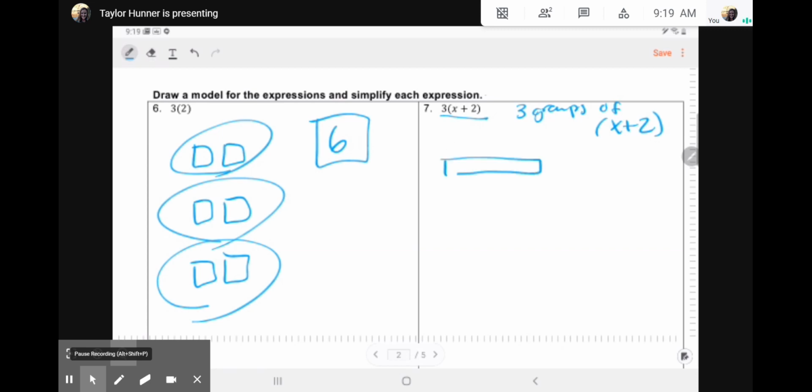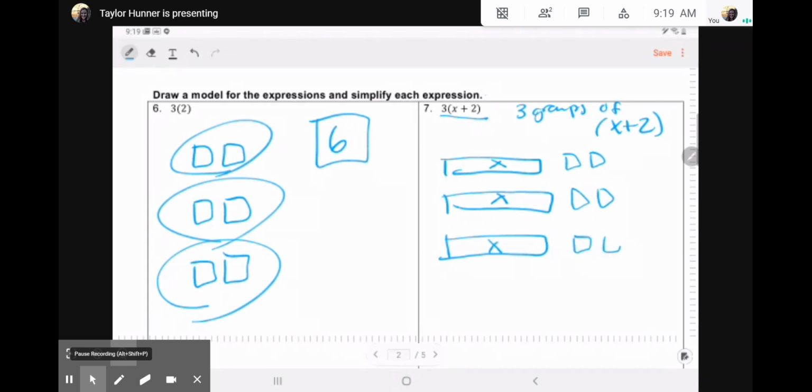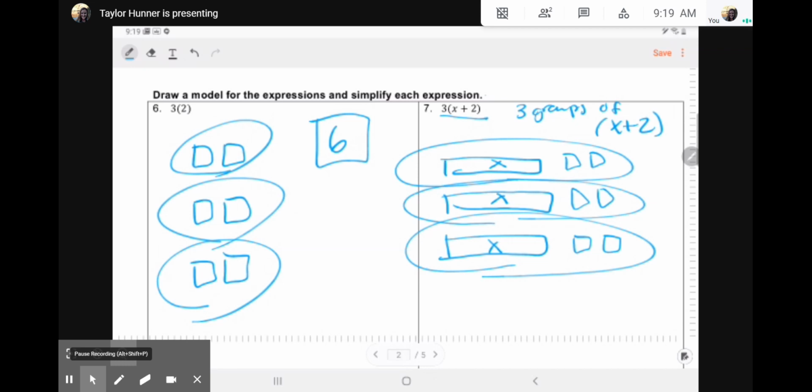I have to draw my x plus 2, my x plus 2, and another x plus 2. And I have 1, 2, 3 groups of x plus 2. Now I also have to simplify. So I have 1, 2, 3 x, and then I have 6.